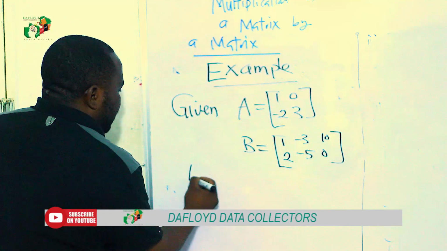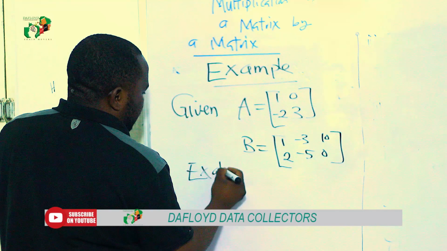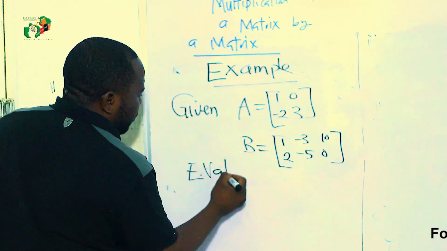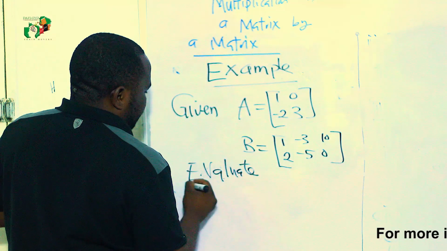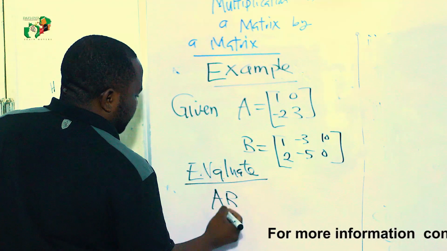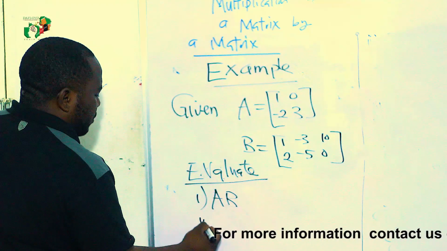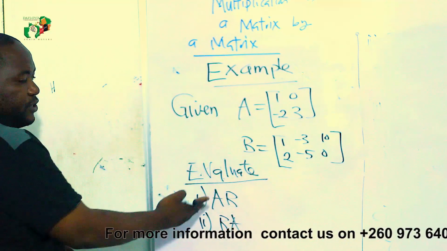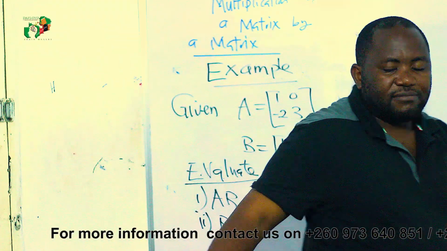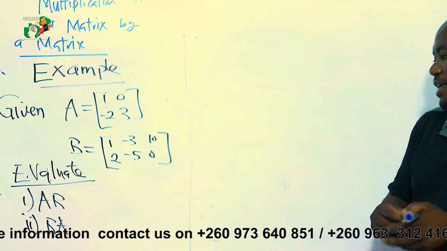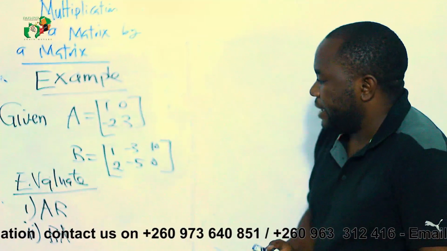Then they say evaluate: number 1, AB; number 2, BA. So we have that question. They want us to evaluate AB, find the value, and BA.